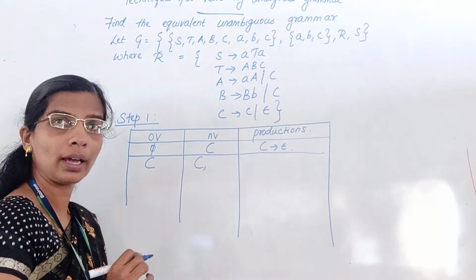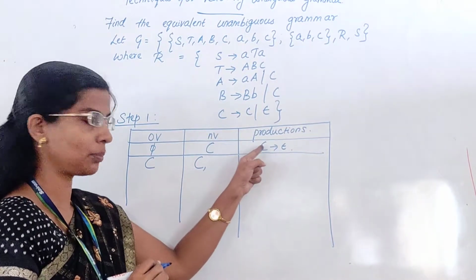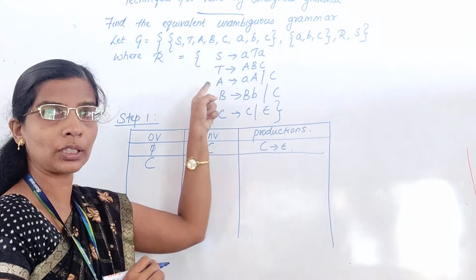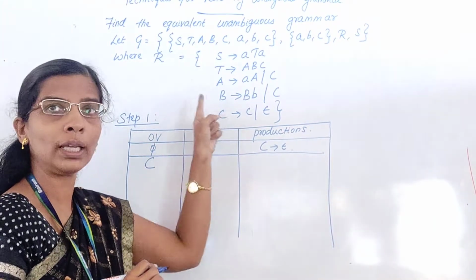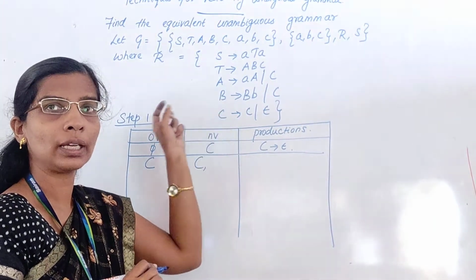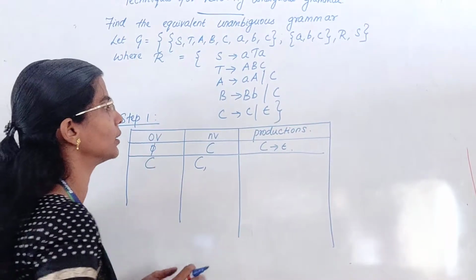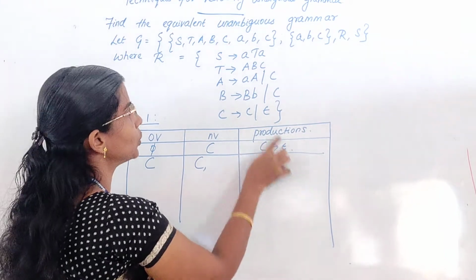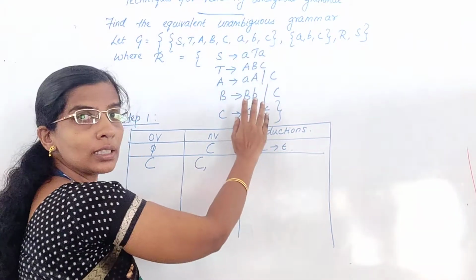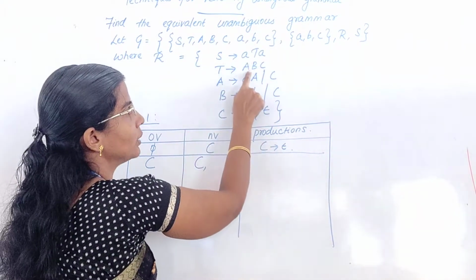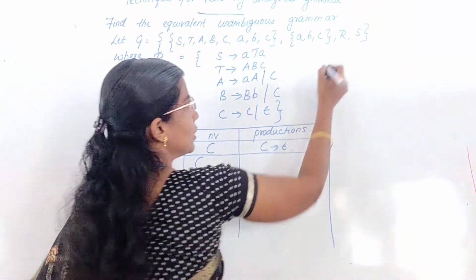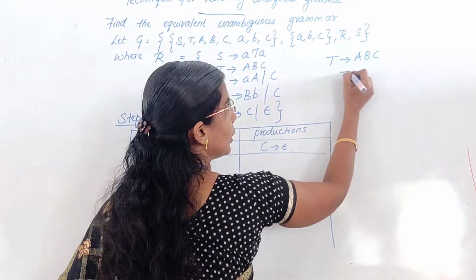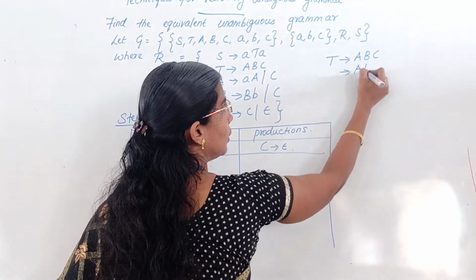Then I have to check if I substitute epsilon for C in the other productions, will I get only epsilon in RHS? So C tends to epsilon. Check the RHS for the variable C. I have here T tends to A, B, C. If I substitute null for C, what will I get?